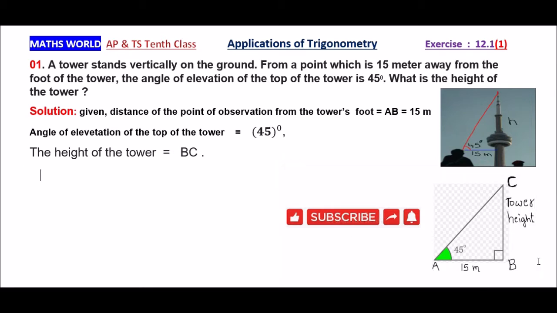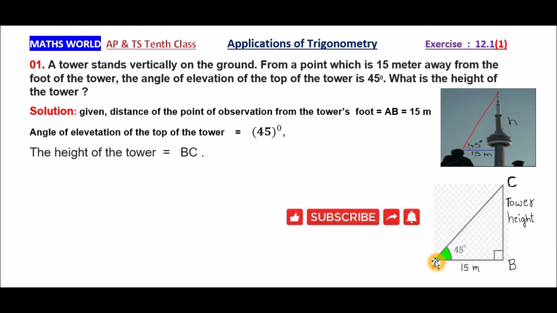Now you can clearly understand from this triangle image. See, this is the tower. BC is the tower height. We have to find out the height of the tower. Next, the distance of the point of observation from the tower. This is the tower's foot. From here, he is observing.